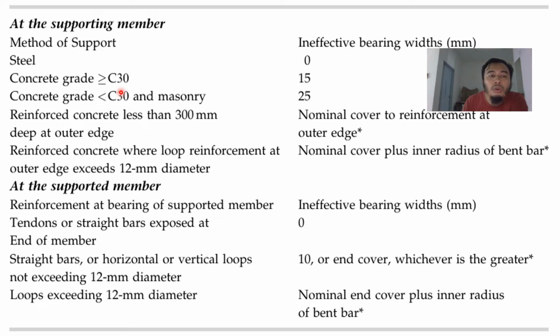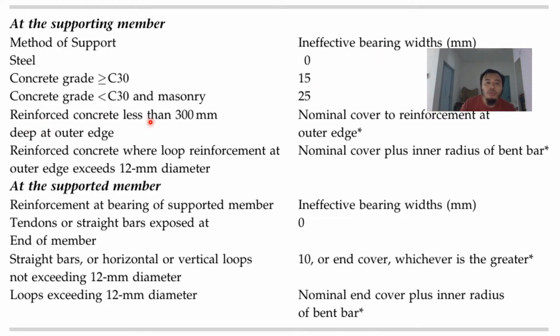But if your concrete is grade lower than 30 megapascal, the ineffective bearing width is 15, so you need to reduce your bearing width by 15. If it is a masonry, you take up your brick by brick, so your ineffective bearing width becomes larger.